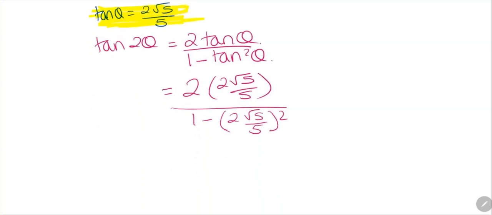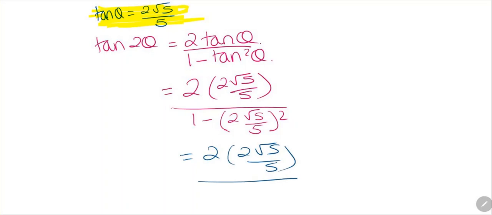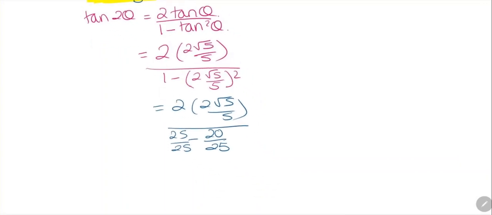So if we multiply out, we're going to keep the top the same, 2 root 5 over 5, and we multiply out the bottom. So 5 squared is 25, and so this is 20 over 25. And 1, a whole 1, would be 25 over 25. So if we simplify, we will have 2 times 2 is 4, so 4 root 5 over 5.